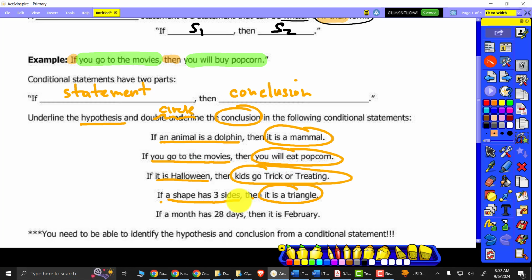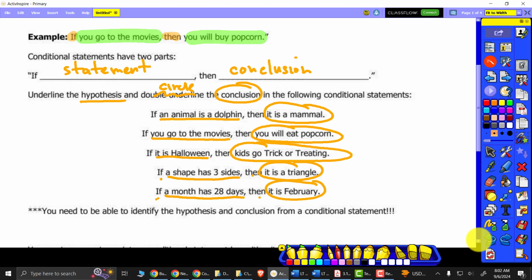And finally, if, meaning this will be your hypothesis, then this will be your conclusion. All right? Very good. Now, you need to be able to identify the hypothesis and conclusion from a conditional statement. Remember, conditional statements have two parts. We have the if, which is the hypothesis statement, and then the conclusion.